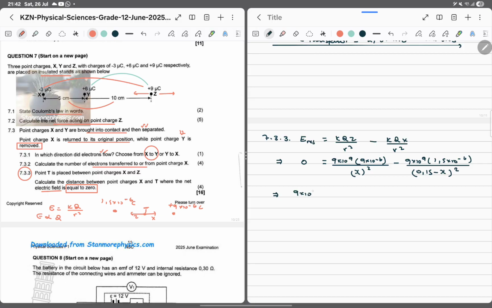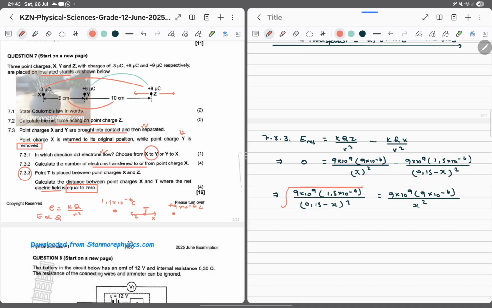So this is 9 times 10 to the 9 into 1,5 times 10 to the minus 6 is equal to 0,15 minus x all squared equals 9 times 10 to the 9. Now, because we have got squares, we don't want problems.